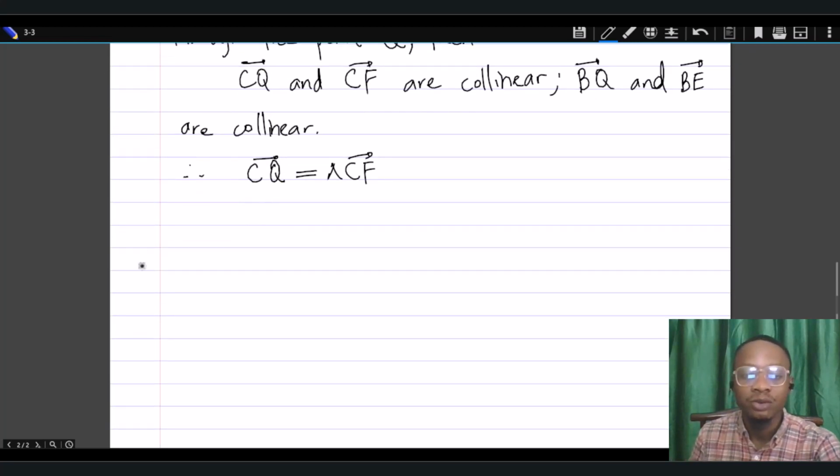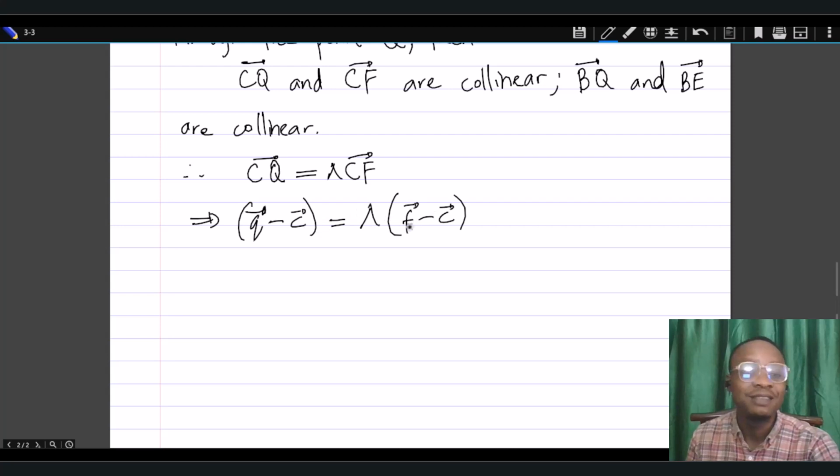CQ will be Q minus C, that's position vector of Q minus position vector of C. So this will be equal to Q minus C. Then this will be equal to lambda into CF, and CF will be F minus C.